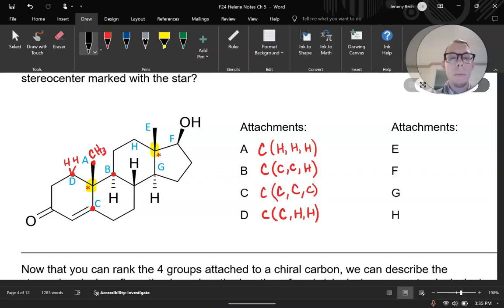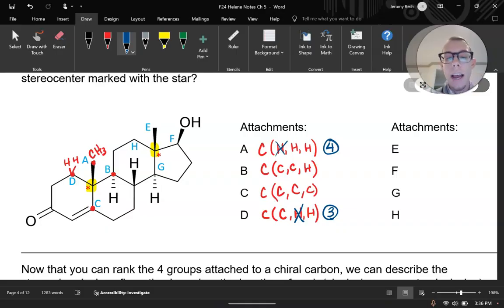So when we do our comparisons or our rankings here, I see my very first one all have a carbon, so we tie. If I look at my second one, I have a hydrogen, carbon, carbon, carbon. This hydrogen is my weakest link, so I'm going to go ahead and give it a ranking of 4. As I then look at the next one, for B, C, and D on the third, I have a carbon and a hydrogen. So I'm going to eliminate D and give that a ranking of 3.